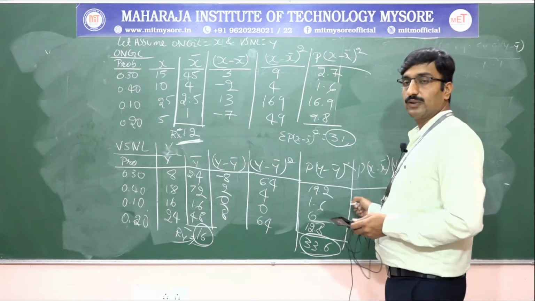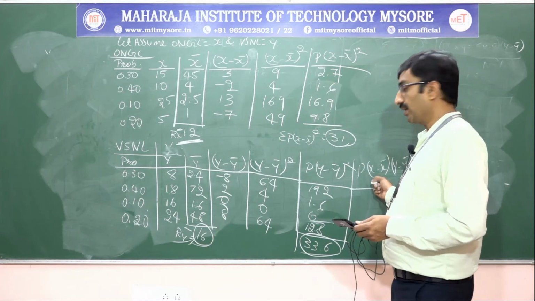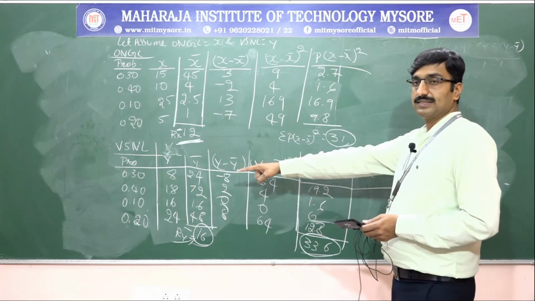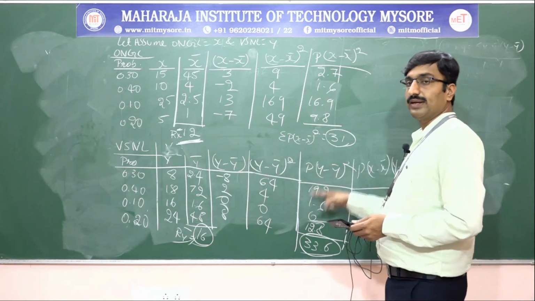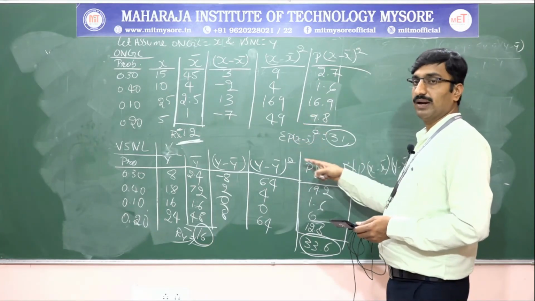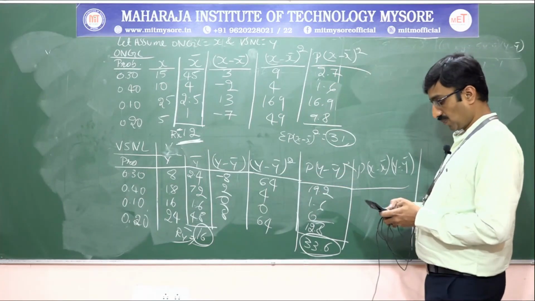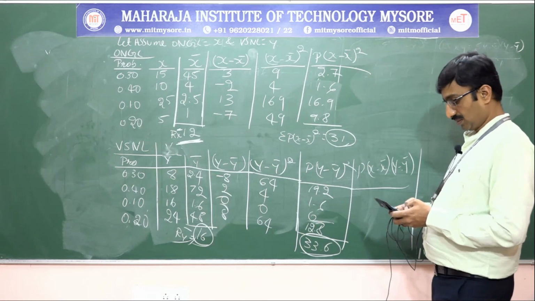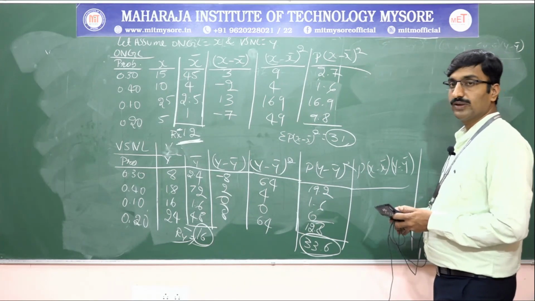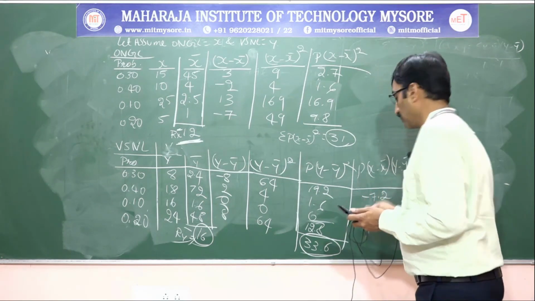Fine. Then moving on to find out P into X minus X bar and Y minus Y bar. Find out this value in order to find out the covariance. X minus X bar into Y minus Y bar, that is 0.30 into 3, that is X minus X bar, then minus 8, that is Y minus Y bar. So, you are going to get minus 7.2.